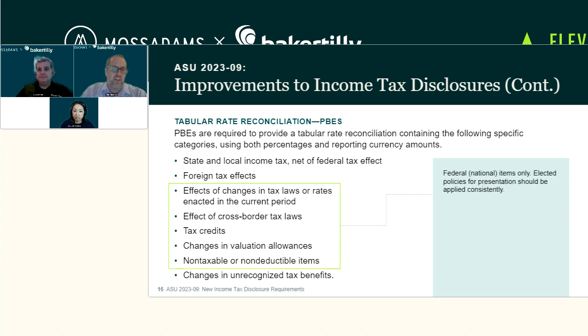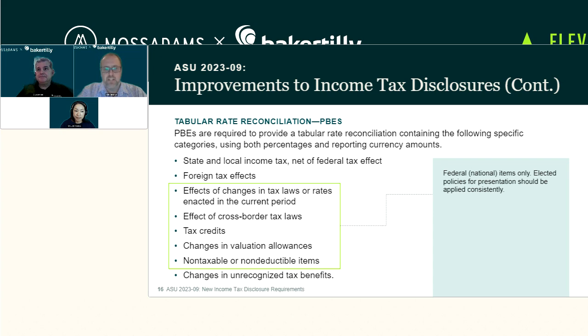The next five categories relate to federal items, so the jurisdiction of domicile. Interestingly, with the Big Beautiful Bill, I think we will expect there to be something in that first category within that box, the effects of changes in tax laws or rates enacted in the current period. Domestically, a lot of those items are things like 174, bonus depreciation, and 163(j).